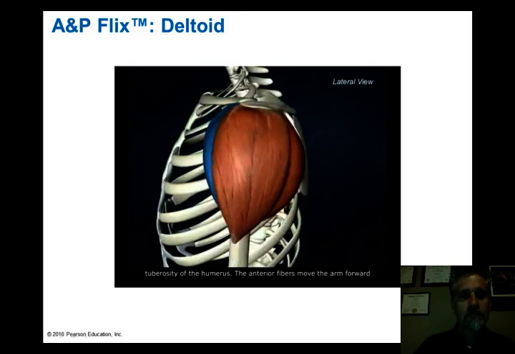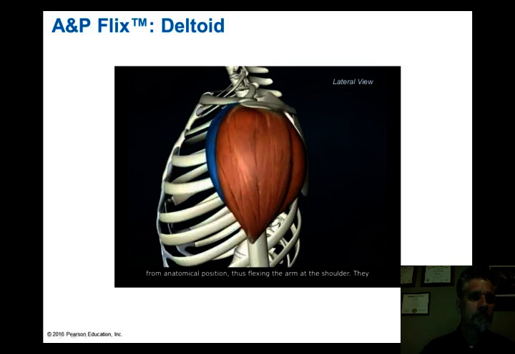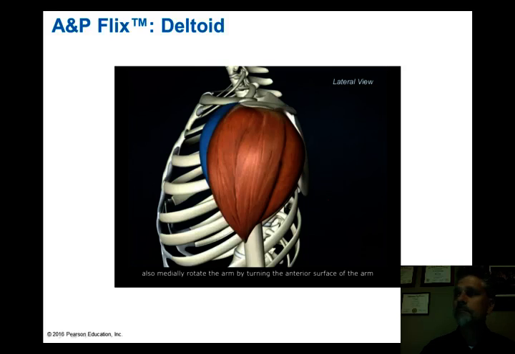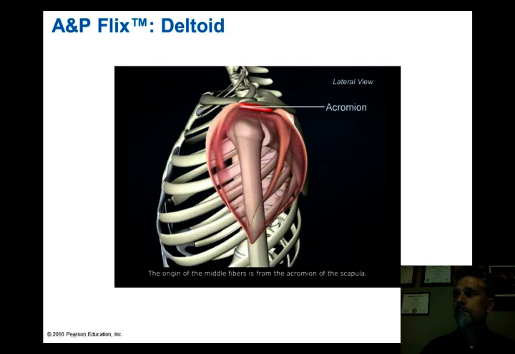The anterior fibers move the arm forward from anatomical position, thus flexing the arm at the shoulder. They also medially rotate the arm by turning the anterior surface of the arm toward midline. They are innervated by the axillary nerve. The origin of the middle fibers is from the acromion of the scapula.